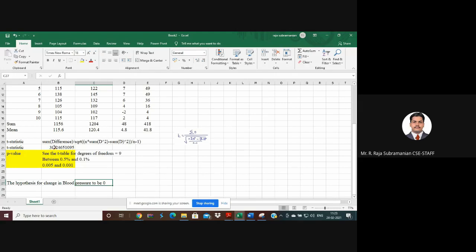So this is saying that 3.32 is going to be the change, and you are saying that the hypothesis for change in blood pressure is zero. So I can easily reject the hypothesis. That is one thing. Or if I want to reject the hypothesis based on the threshold of p-value, I can set the p-value threshold as something like 0.005. It is greater, I can accept that 3.32 is the thing, but you are asking for 0, so I reject the hypothesis.